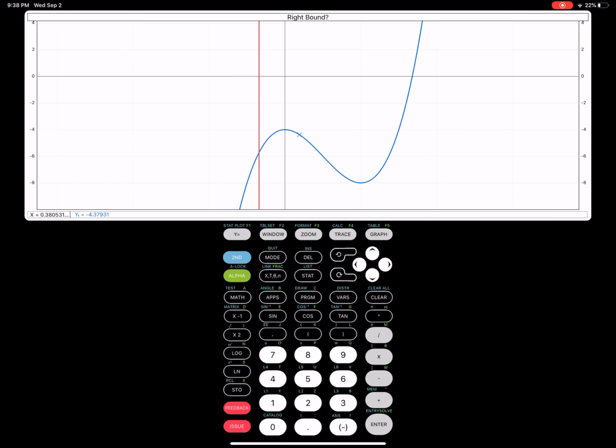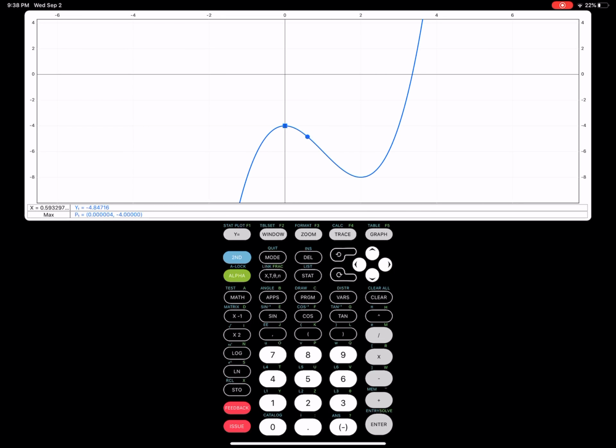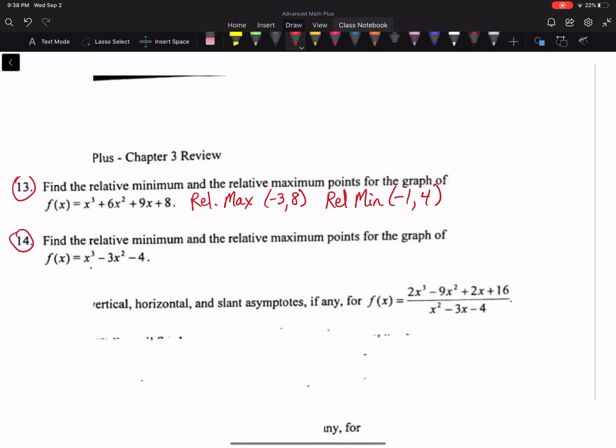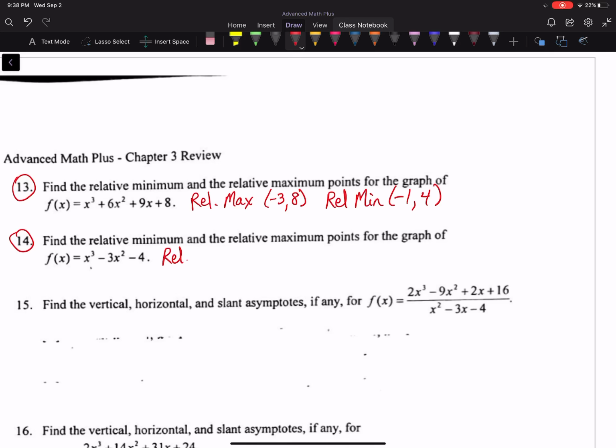Go to the right, hit enter, and I have a maximum at 0.000004, which is just 0.4, and -4. So I have a relative maximum at 0, -4, and I have a relative minimum.